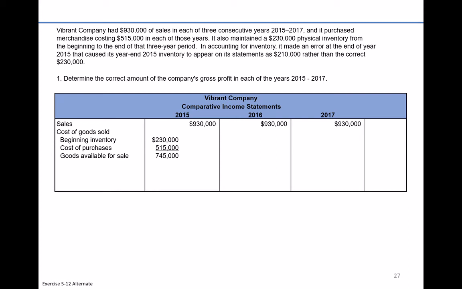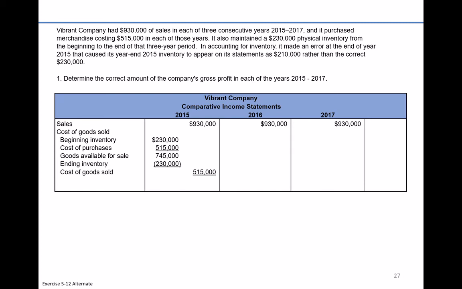What are we going to subtract out of that to come up with our cost of goods sold? Well, we're going to take the goods available for sale, subtract out ending inventory of $230. Remember, that's the correct amount that we're doing here first. And that means that our cost of goods sold is the difference. So $745 minus $230. And our cost of goods sold is $515.